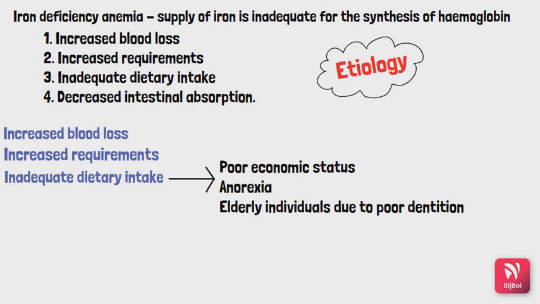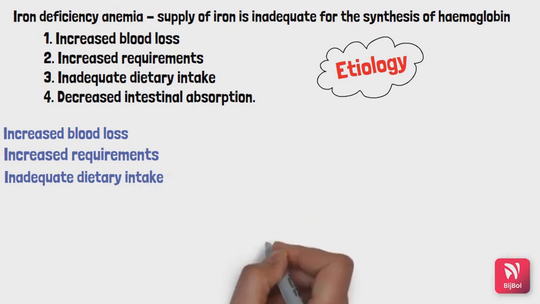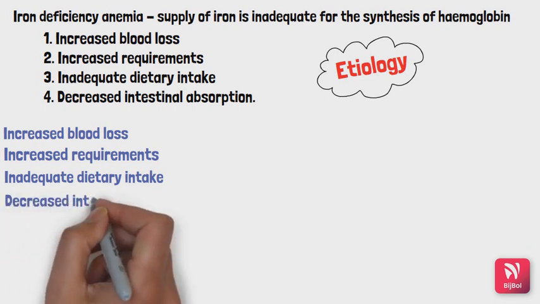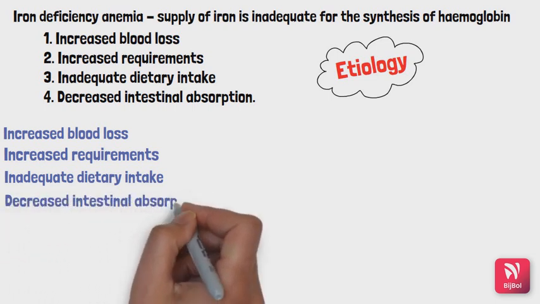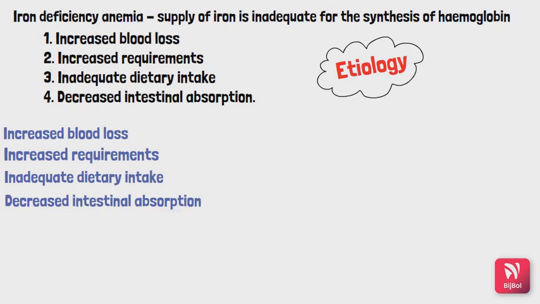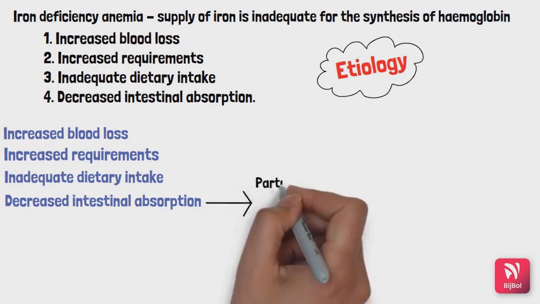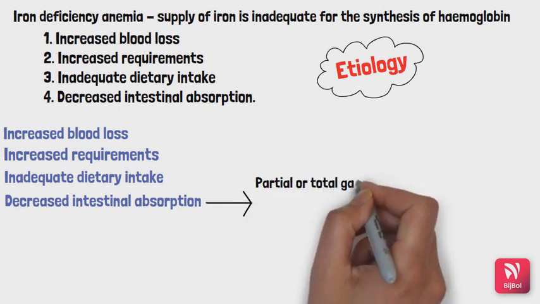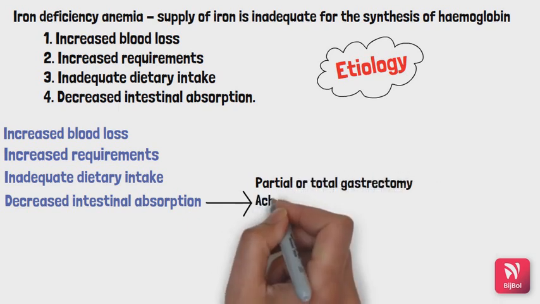And the last cause is decreased intestinal absorption. That is, within the duodenal cell, if it is not getting absorbed. When can it happen? It can happen because of partial or total gastrectomy, or by achlorhydria, wherein stomach HCl will not be there.